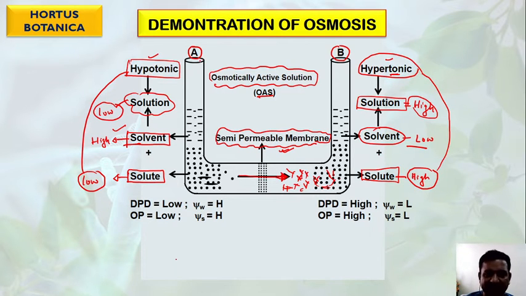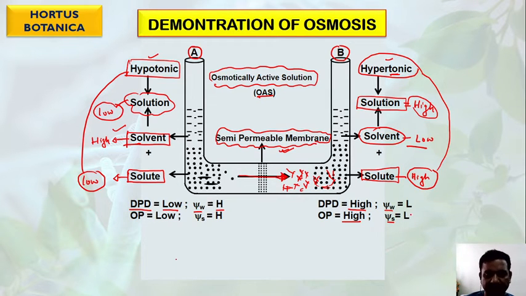Similarly, at the A side, we find the diffusion pressure deficit is low, and if this is low, the water potential is high. We'll discuss in detail in further lectures what DPD and water potential are. But here, since the solute is high, DPD is high and OP is high. Just the opposite, water potential is low, as well as solute potential.